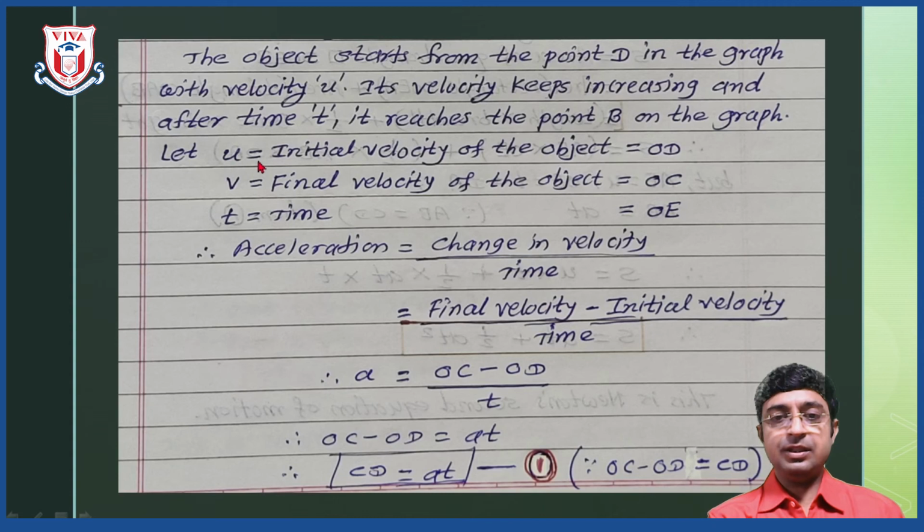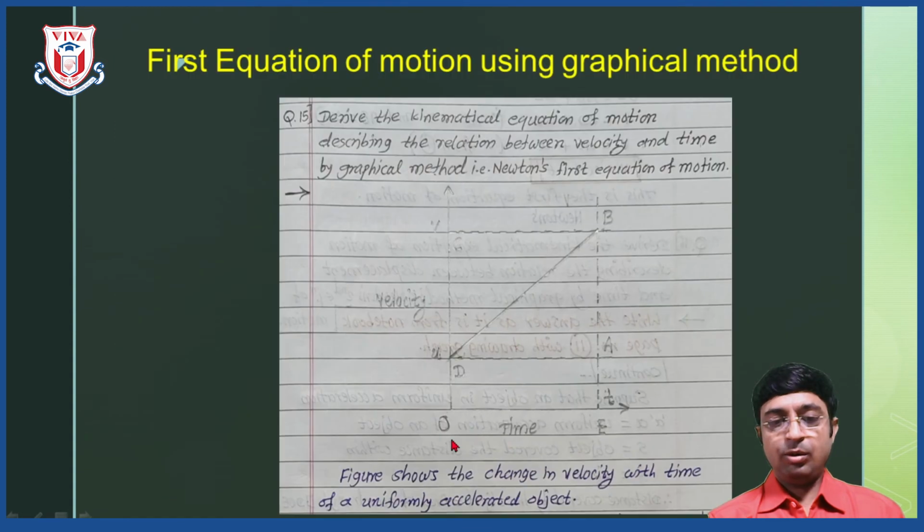Small u means the initial velocity of the object, that is OD. v means the final velocity of the object, indicated as OC, and time t is OE. Check in the graph: u means OD, from point O to D, the initial velocity. Final velocity means from point O up to the point C.